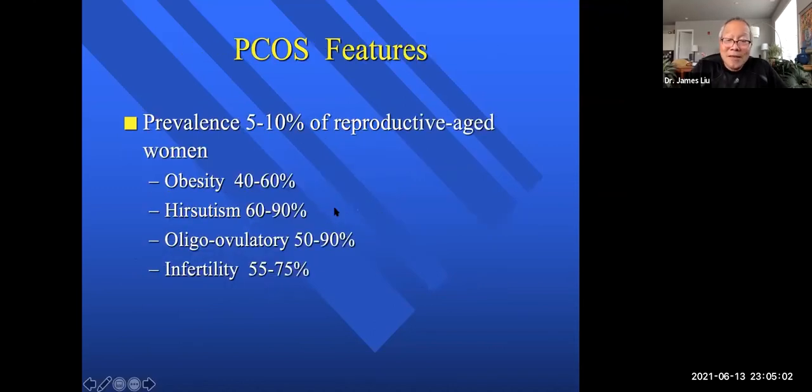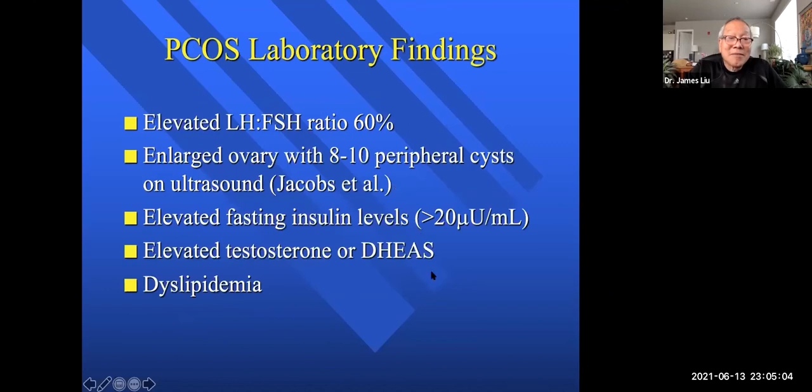So the elevated LH to FSH ratio can occur in 60% of patients. We now rely on, in many cases, especially in OBGYN offices in the US and Europe, ultrasounds, which are readily available.